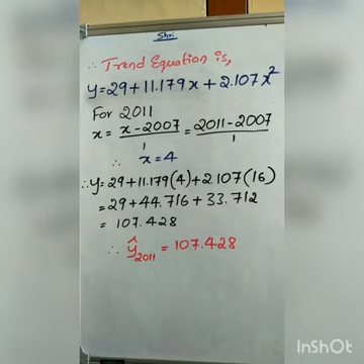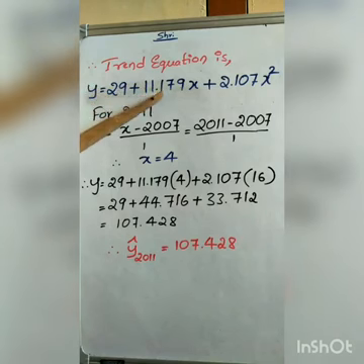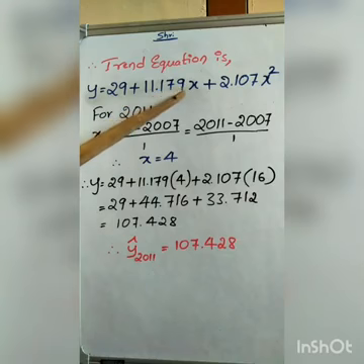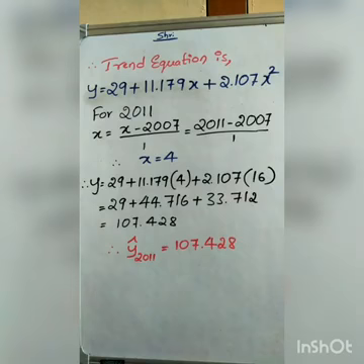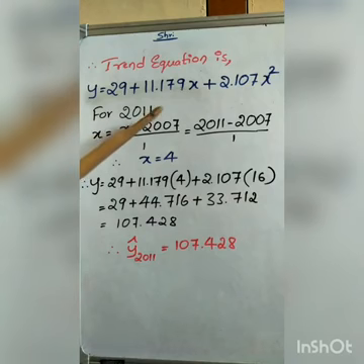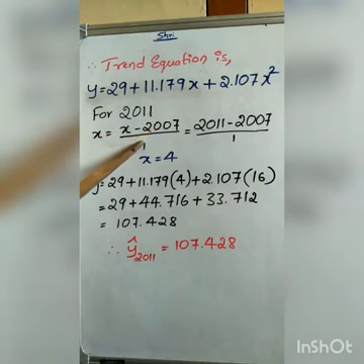So the trend equation is y is equal to 29 plus 11.179x plus 2.107x square. For 2011, the value has to be estimated, so x is equal to x minus 2007 divided by 1.